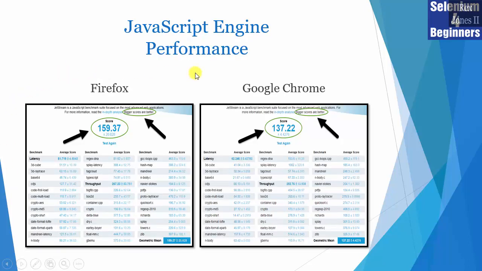Here are 2 screenshots that compare browsers for a JavaScript benchmark test using JetStream. The URL is browserbench.org/JetStream. I ran a test on Firefox and Chrome. Firefox has a score of 159, while Chrome has a score of 137.